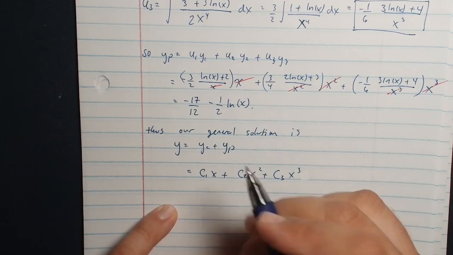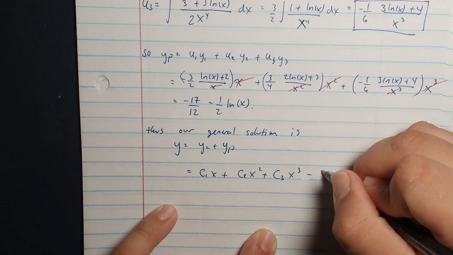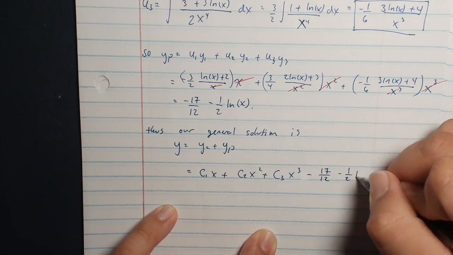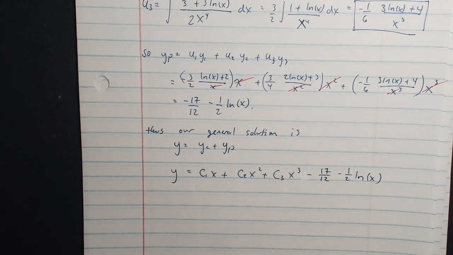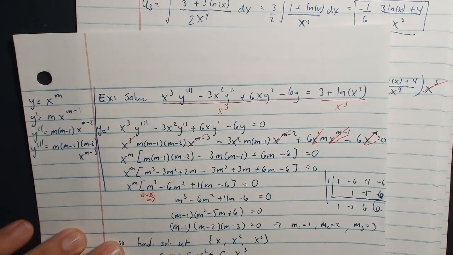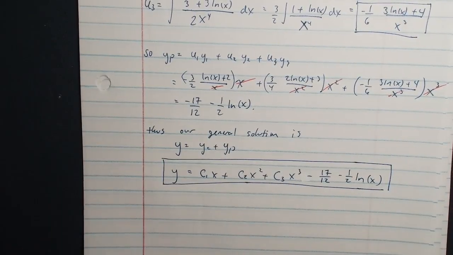So that'll be minus 17/12 minus 1/2 the natural log of x. And this would be our general solution to this Cauchy-Euler equation here, which makes us happy. All right, so that is it for this section.